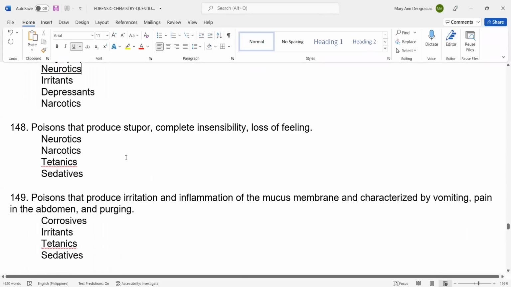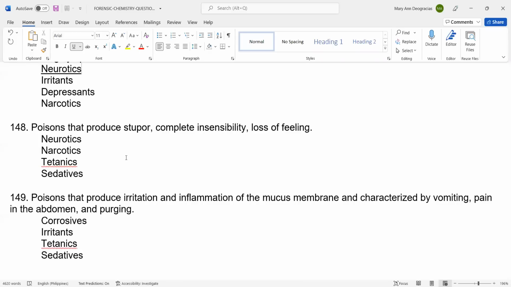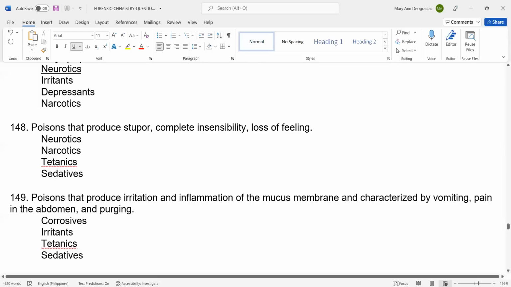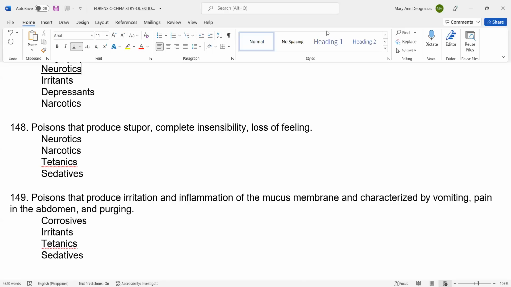Alright. Poisons that produce stupor, complete insensibility, loss of feeling, nawawala sa sarili to the extent na pumapatay na ng nanay, pumapatay ng kapatid, na rape. Okay, what's your answer here? Oh, may sumagot ng sedative. Sedative is pampakalma.